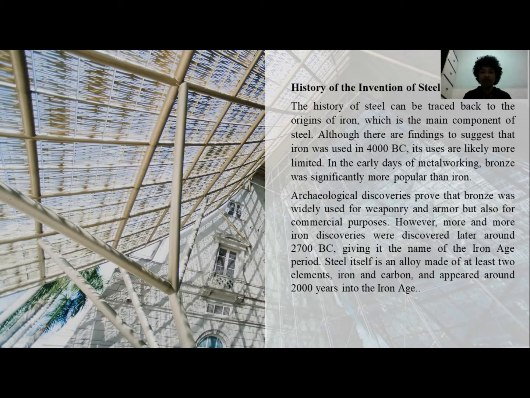Steel itself is an alloy made of at least two elements, iron and carbon, and appeared around 2000 years into the Iron Age.